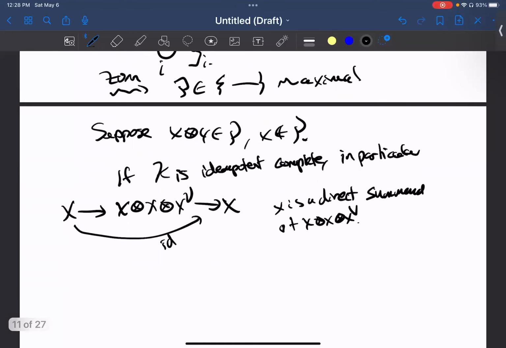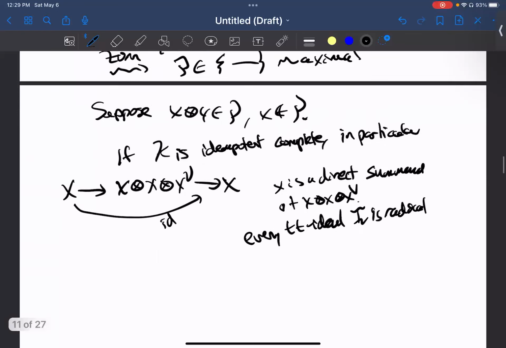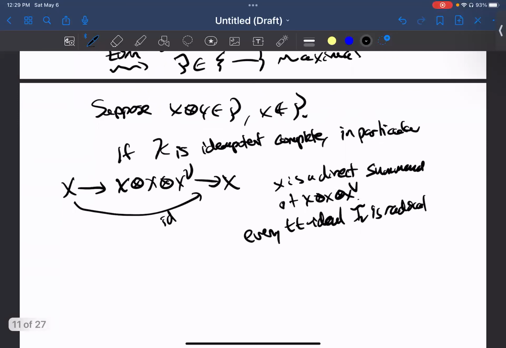So in particular, using this in induction, you can see that every TT ideal I is thick, is radical. So that means that if some power of X is in here, then X is in here. So since X is not in P, and P is some TT ideal, this implies that no tensor power of X is.